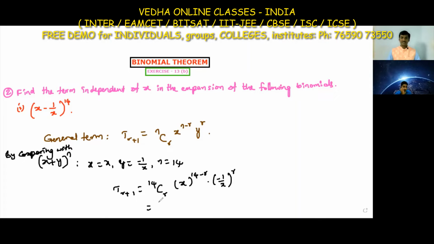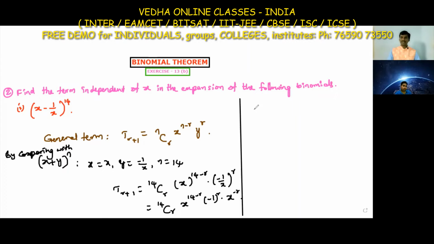So now this is equal to 14Cr x to the power 14 minus r, (minus 1) whole power r, into x to the power minus r. Now what is the question here? The question is the term independent of x, without x.